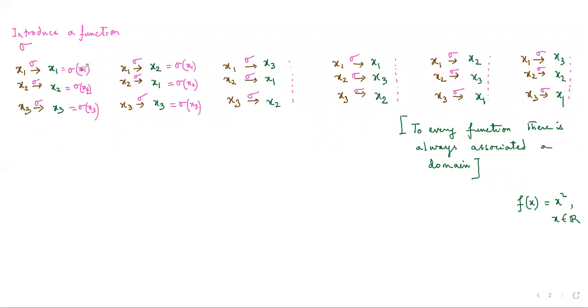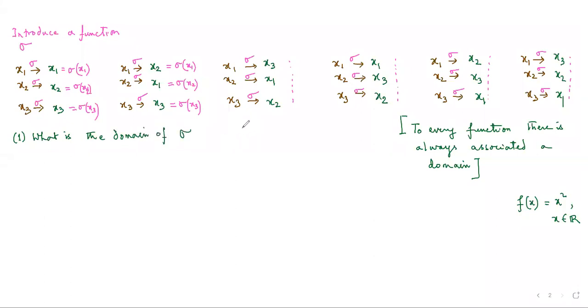So when we are introducing a function and looking at the right hand side as an image of the elements of the left hand side under the function sigma, the first question that comes up is: what is the domain of sigma?